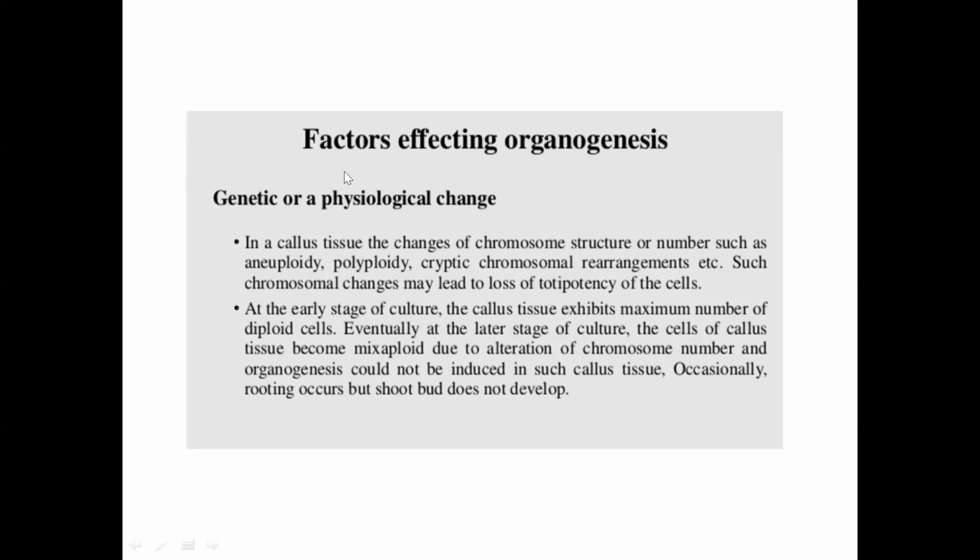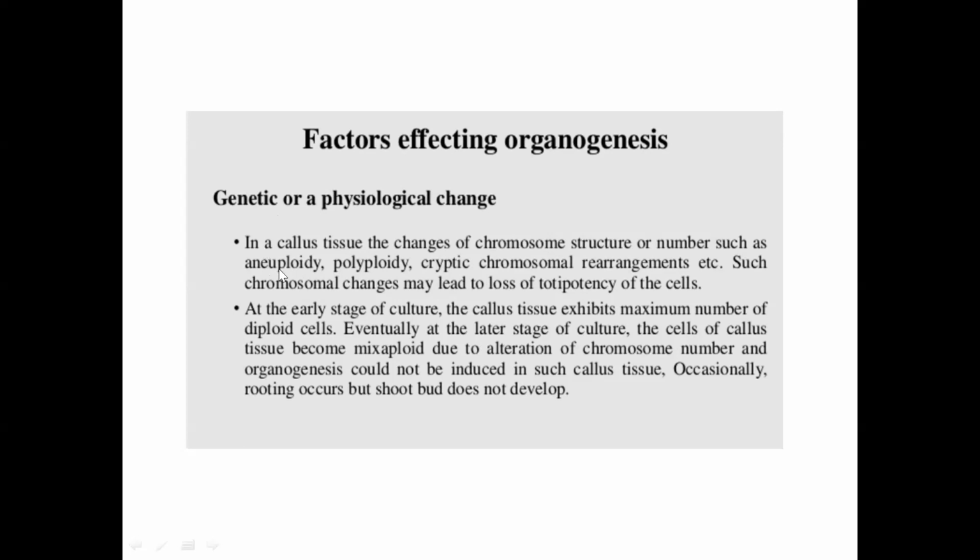So factors affecting organogenesis: a genetic or a physiological change is important. In a callus tissue, the changes in the chromosomal structure, as I told you, innate chromosomal changes or epigenetic changes, will definitely affect organogenesis. So aneuploidy, polyploidy, all these chromosomal aberrations and rearrangements.